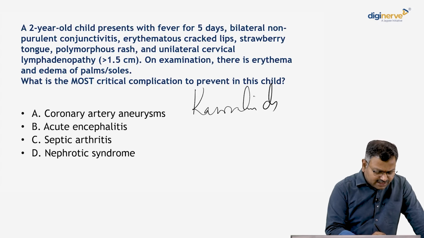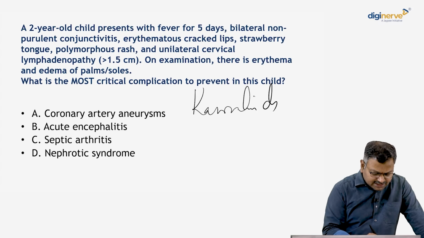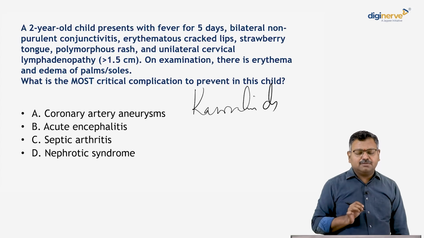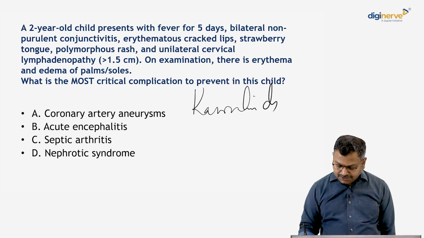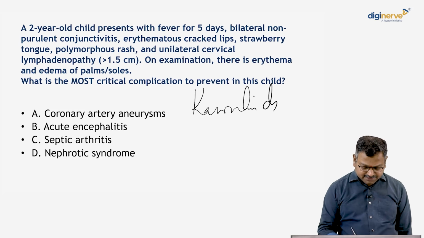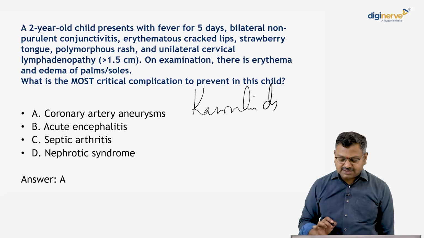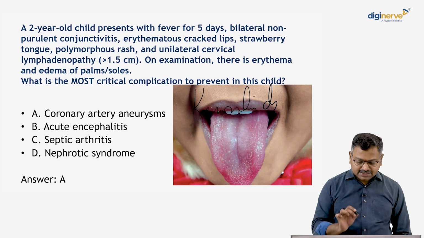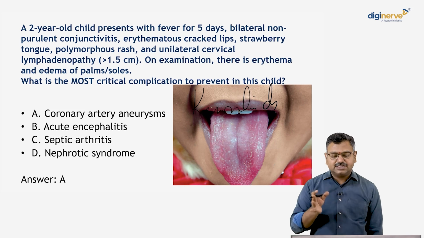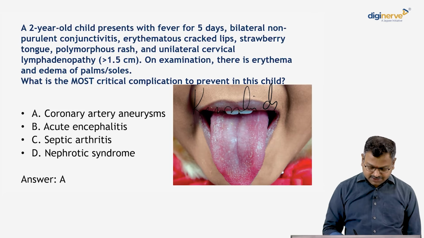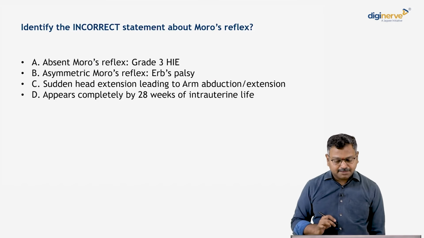This is one vasculitis which is seen in young children, and the lethal complication is coronary artery aneurysms. These patients can die due to coronary artery aneurysms, and this is the only vasculitis where we do not give steroids. This is the classical strawberry tongue, lymphadenopathy, fever, rash on the body, and coronary aneurysms, Kawasaki's disease.